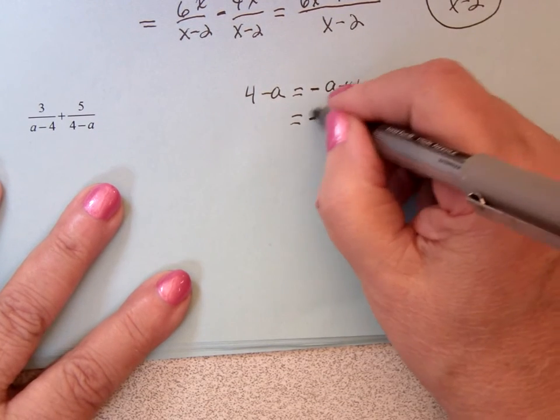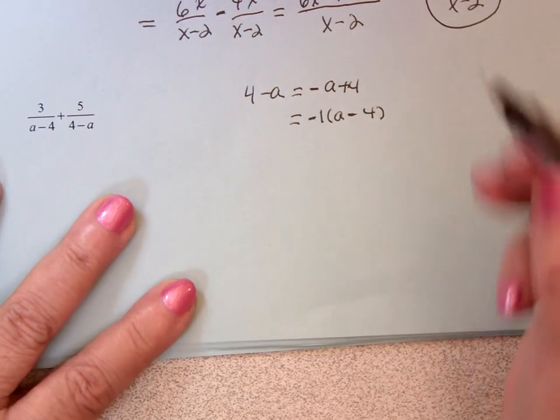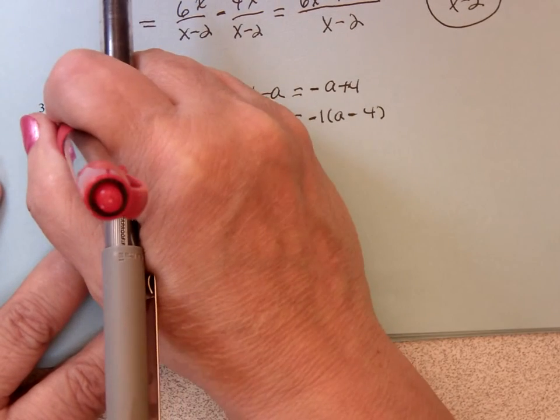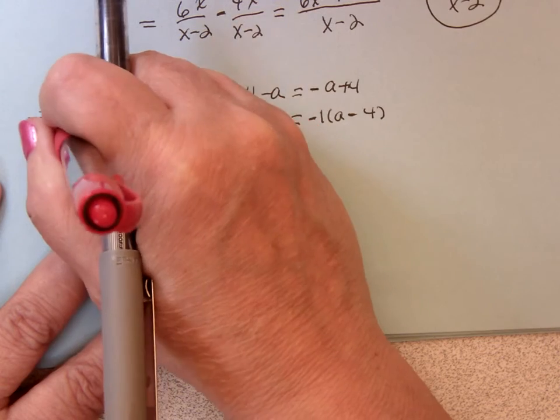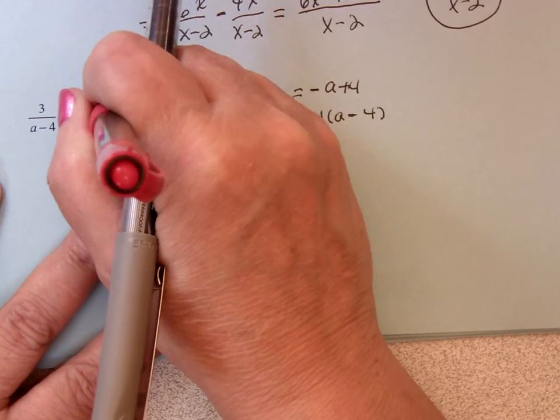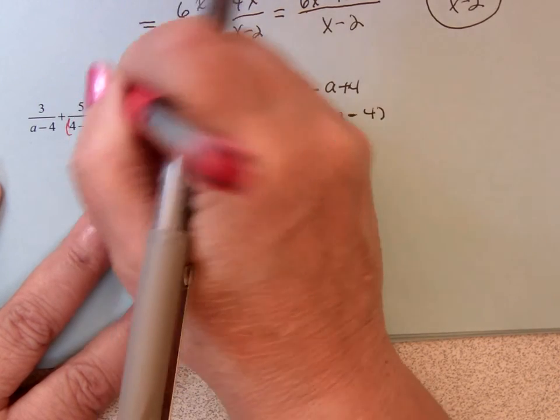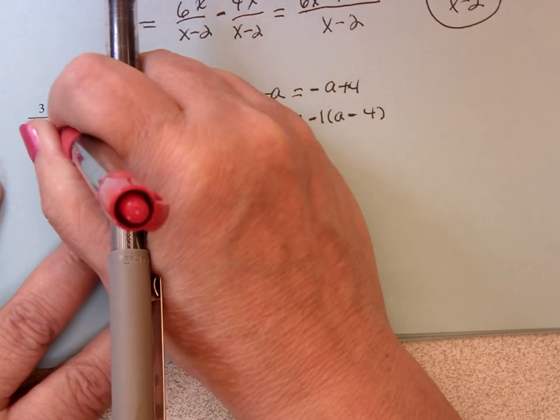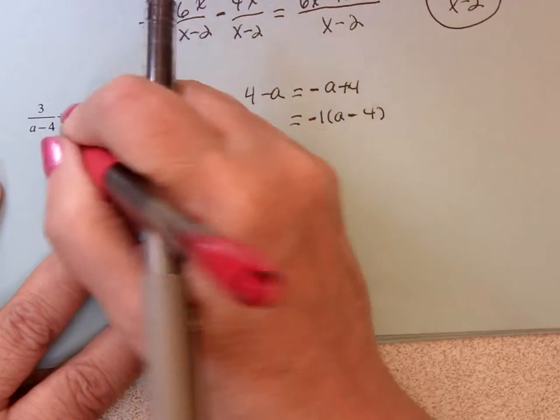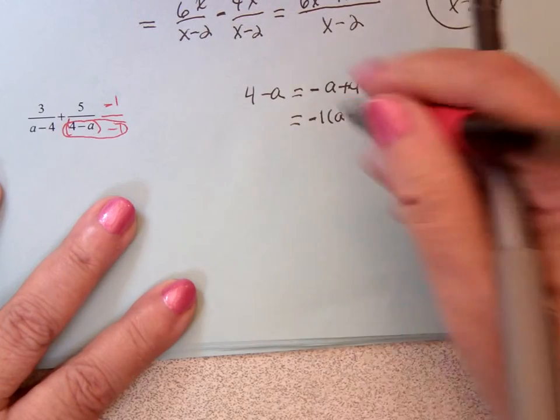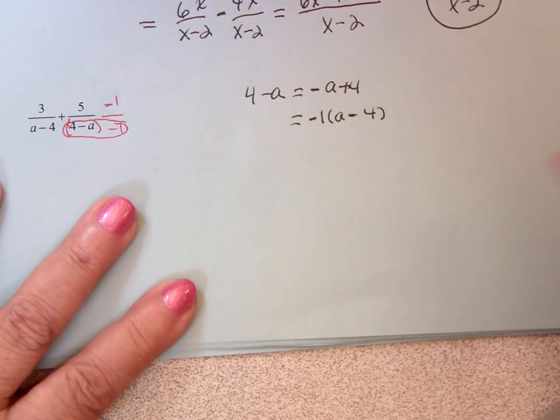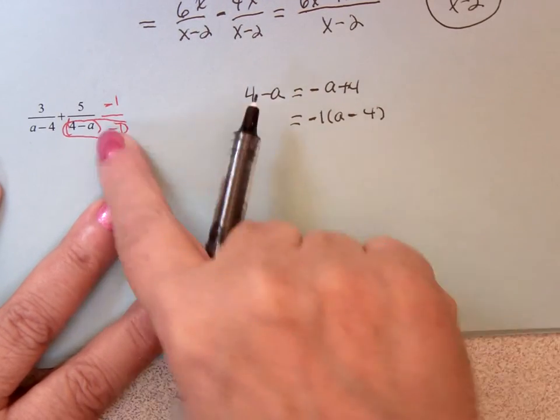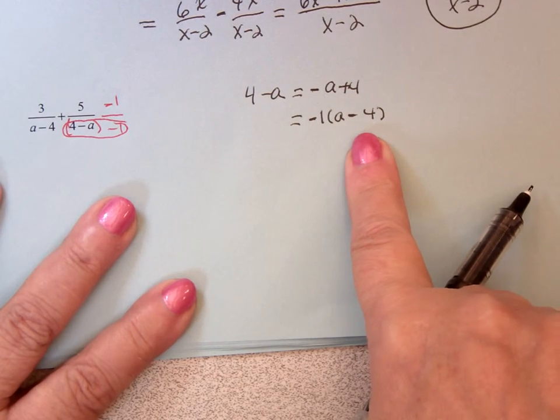But they're the same except for a factor of negative 1. So instead, what I would do is multiply the fraction by 1, namely negative 1 over negative 1. The denominator then would be negative 1 times a minus 4, or 4 minus a, which then becomes a minus 4.